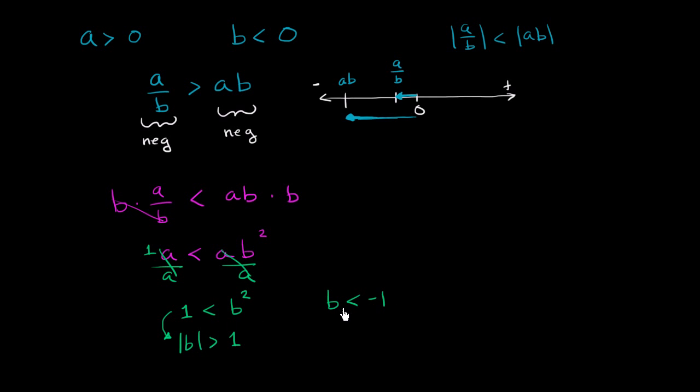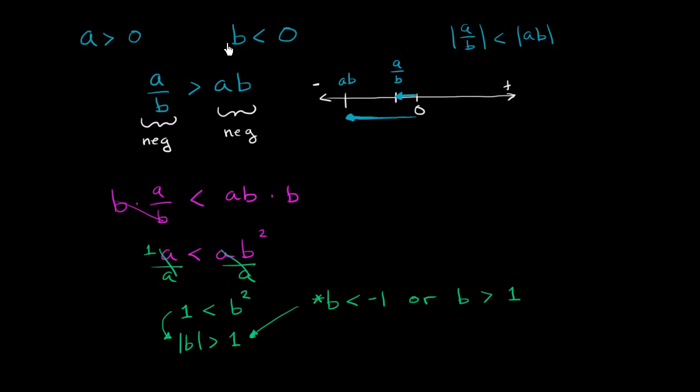So that doesn't work. So b has to be less than -1, or b has to be greater than 1. By the same logic, if it was exactly equal to 1, squaring it would be equal, and if it was 0.5, then b squared would be 0.25, which wouldn't be greater than 1. So both of these things are true, and this is another way of saying that the absolute value of b is greater than 1.